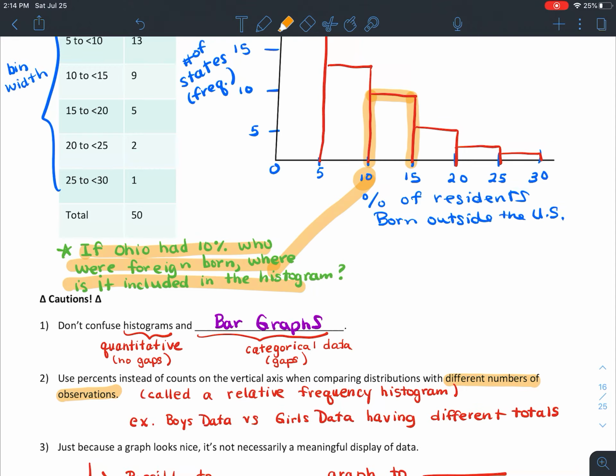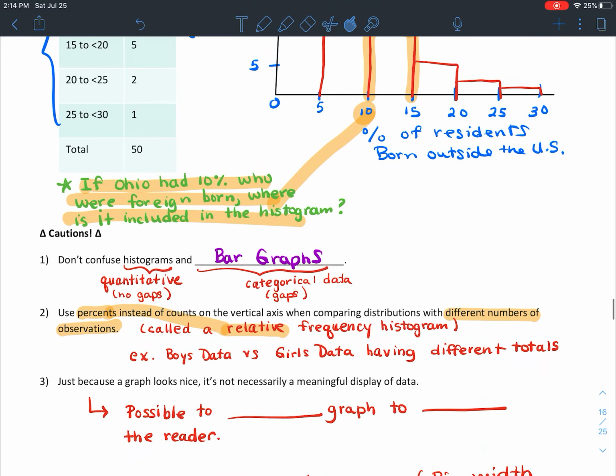Like if you were to survey, I don't know, males and females, but you only sampled 50 males and 40 females, you wouldn't want to put counts there. You would want to change things over to percentages. Okay, and that's what this is referring to. And when we switch to percentages, by the way, that's a relative frequency histogram, okay?